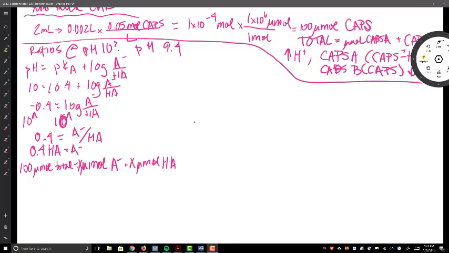Now what we do is we take the substitution. So we have here that 0.4 HA is equal to A minus, or 0.4 of the CAPS acid is equal to CAPS base, and we can do a little algebra here. We can sub this relation in for the micromoles of CAPS base.